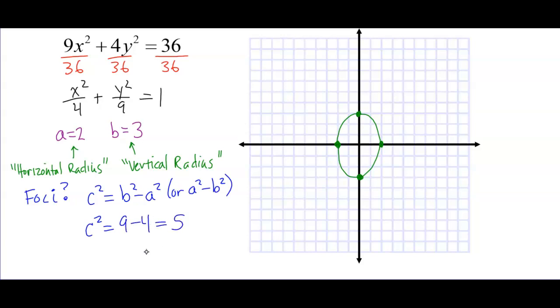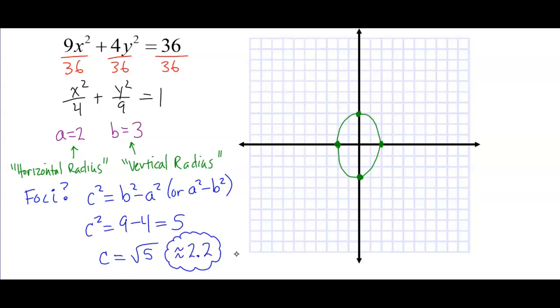And one of the kind of unfortunate things about working with ellipses is there's no guarantee that C is going to come out to be some nice familiar number. If you're talking about square root of 5 or something like that that's not an easy number to recognize, the best you can really do is type it into a calculator and think about approximately how big that is.